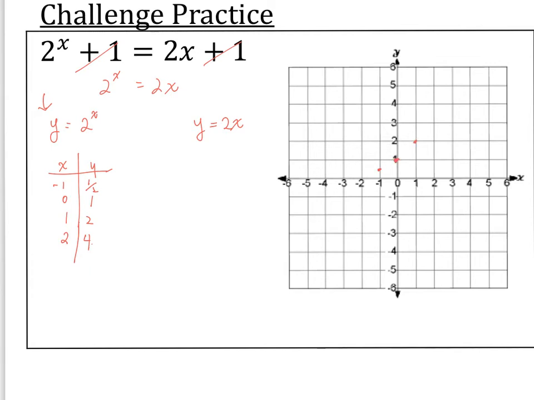Now we're interested in where these two graphs intersect. So here we have, again, an exponential function that is shaped like this, and to the right here we have a linear function. So we can, by logic, assume that this system must cross at 2 points.